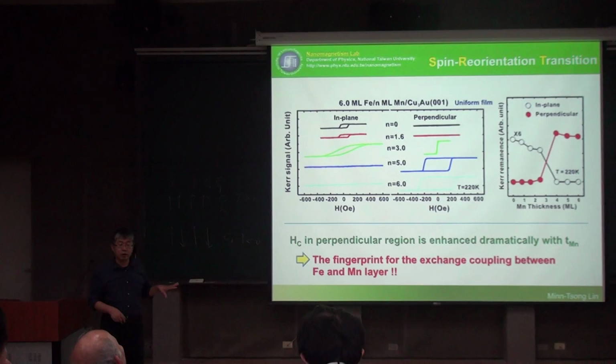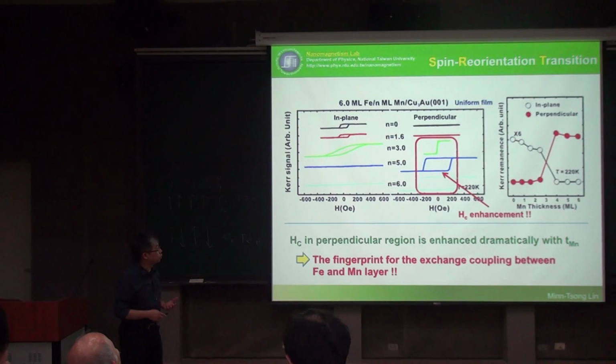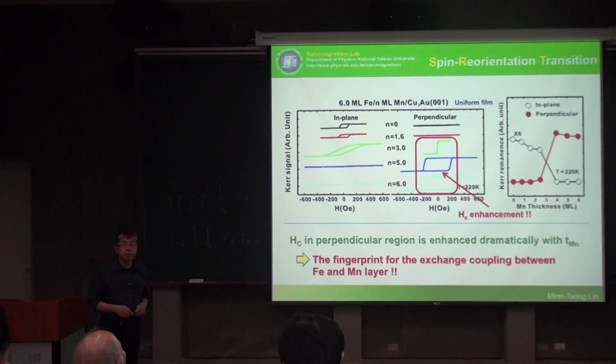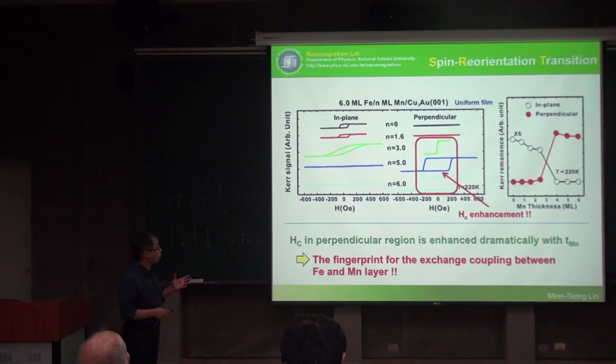But this is an indirect evidence to prove the exchange coupling between both. So we need to do more and try to measure directly the interface orbital moment, which usually is responsible for the perpendicular anisotropy.